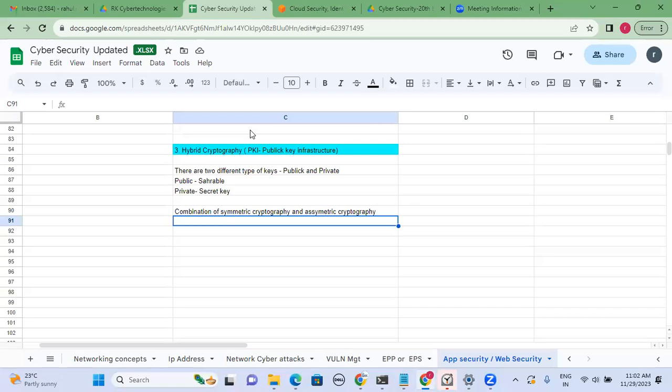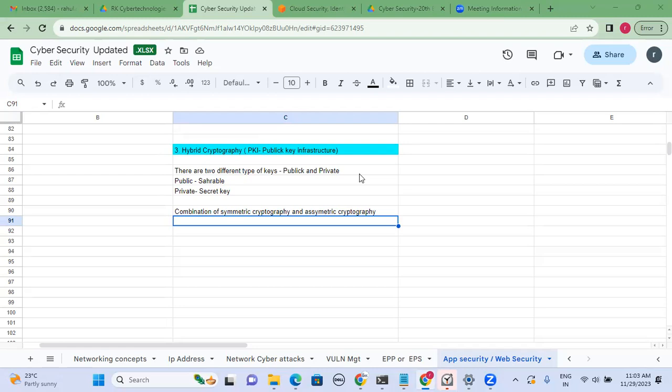DNS process is one process. The second one, the OSI reference model. OSI reference model provides communication between end user to server, end user to website, end user to client, or end user to database and so on.